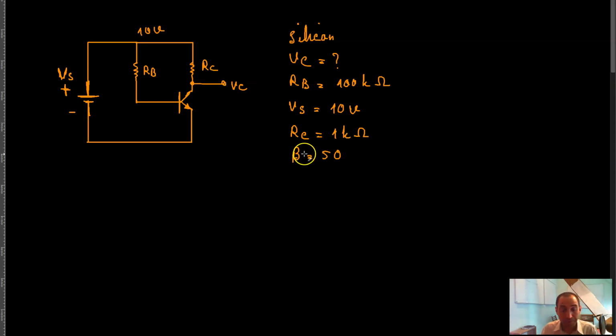Okay, so now in order to calculate this voltage, first you need to calculate the voltage that is dropped across this PN junction. Of course you don't really know the voltage drop across the PN junction of this transistor, because you cannot calculate that directly.